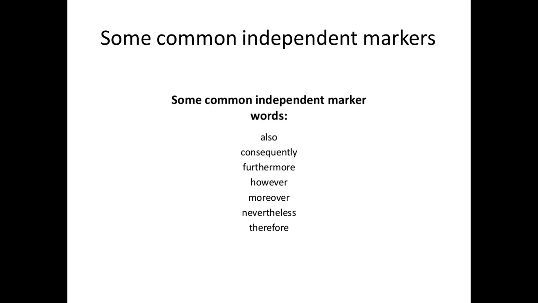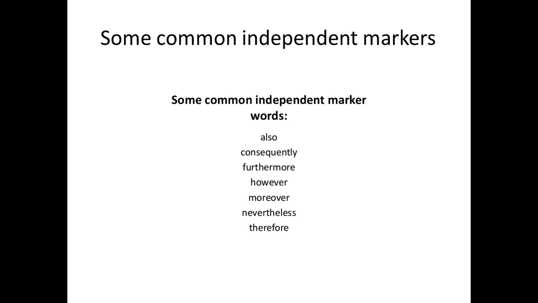Now we come towards a few words. These words mark or give a signal that these sentences are independent sentences. Some common independent marker words are also, consequently, furthermore, however, moreover, nevertheless, therefore.